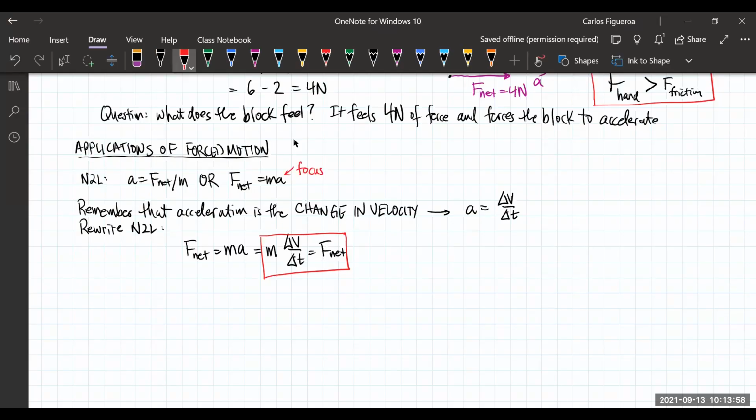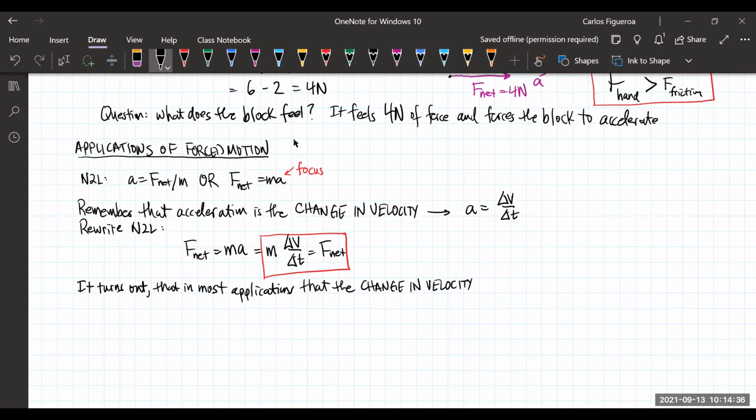Now, let's look at the situation. It turns out that in most applications, the change in velocity is always the same.